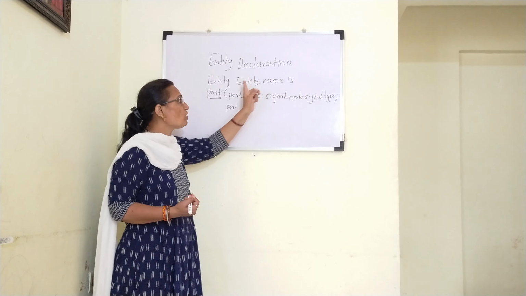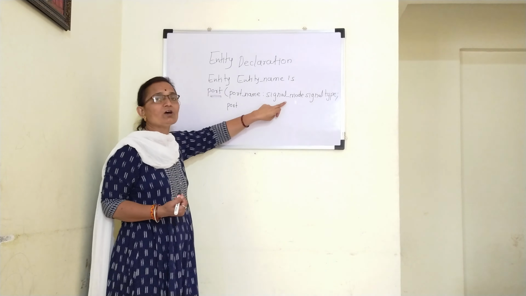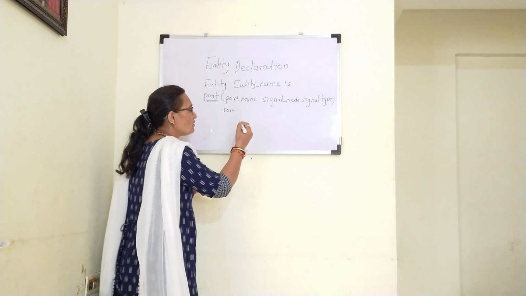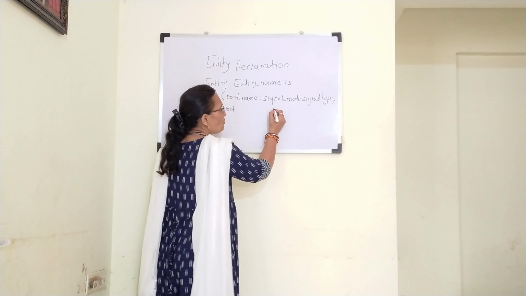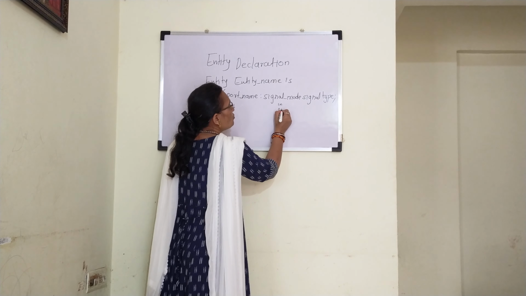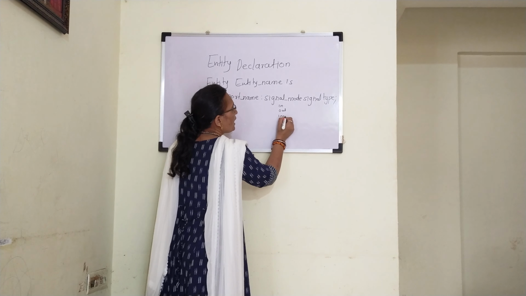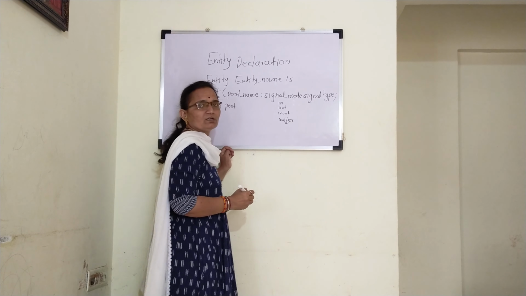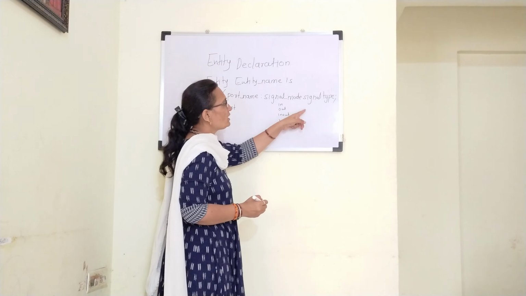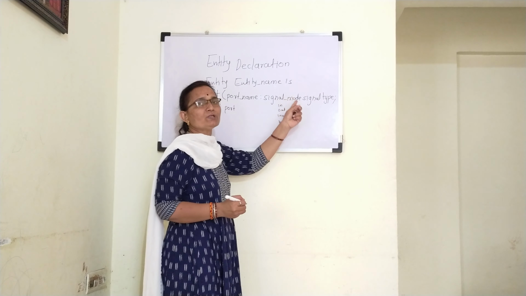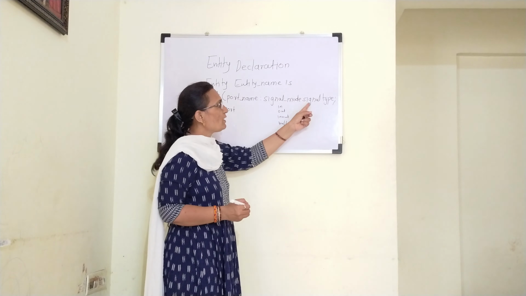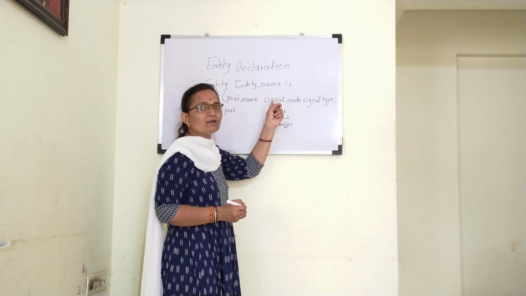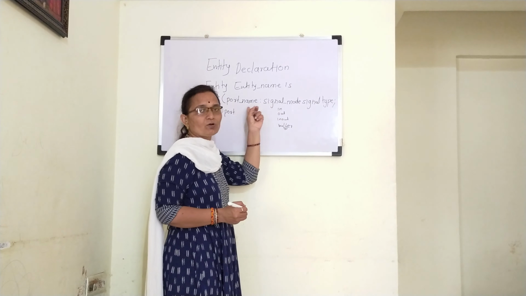What is the mode of that port, whether it is input mode or output mode? Basically there are four modes: in, out, inout and buffer. And now what is the type of data coming through that signal? Here we have to mention the data type of the signal coming from that port.